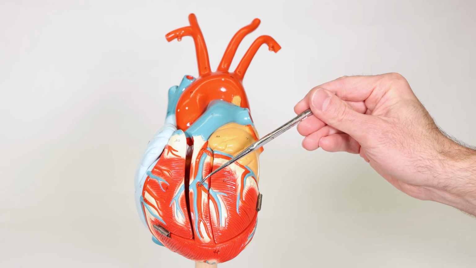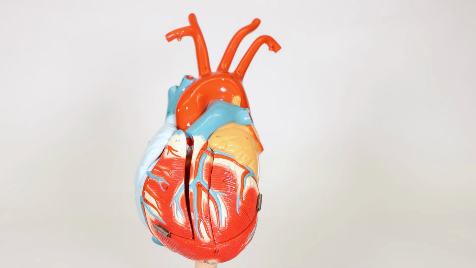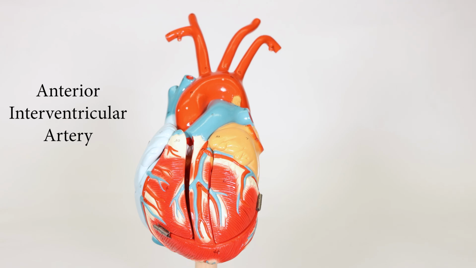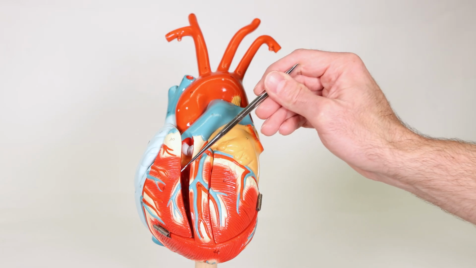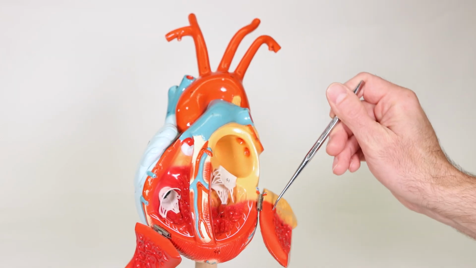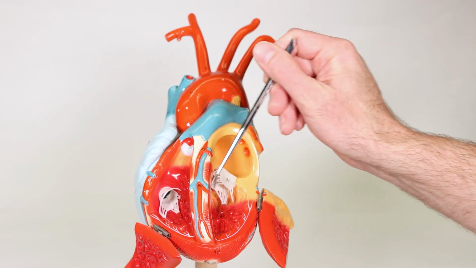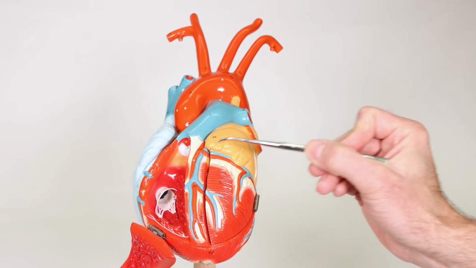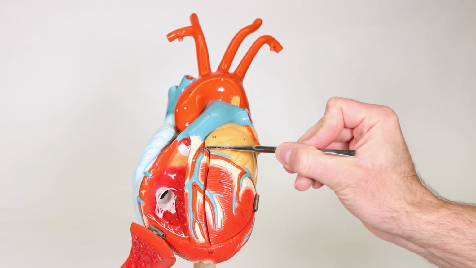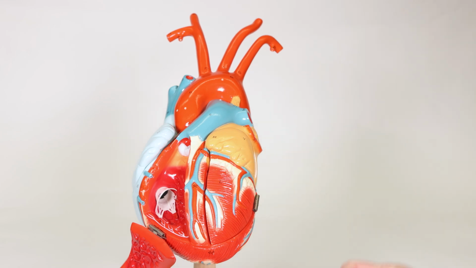As it continues down the middle, that is referred to as the anterior interventricular artery, because it's down the interventricular septum. If you open up both of the ventricles here, this space in between is the interventricular septum, which means that this artery coming down, the red one, is the interventricular artery.